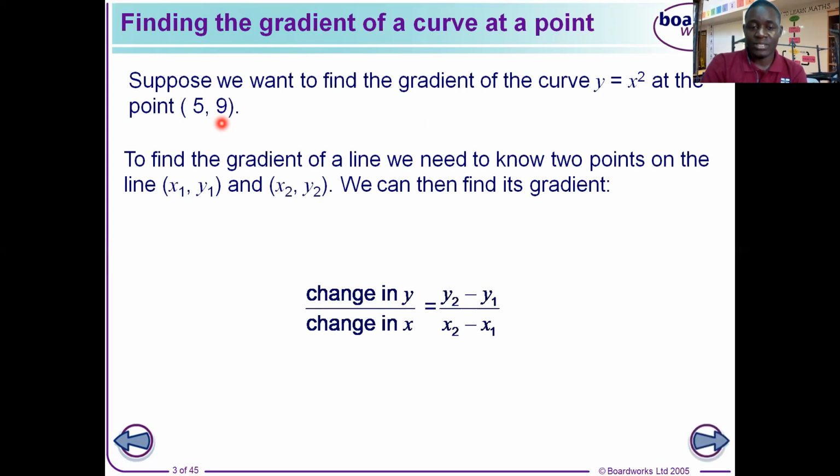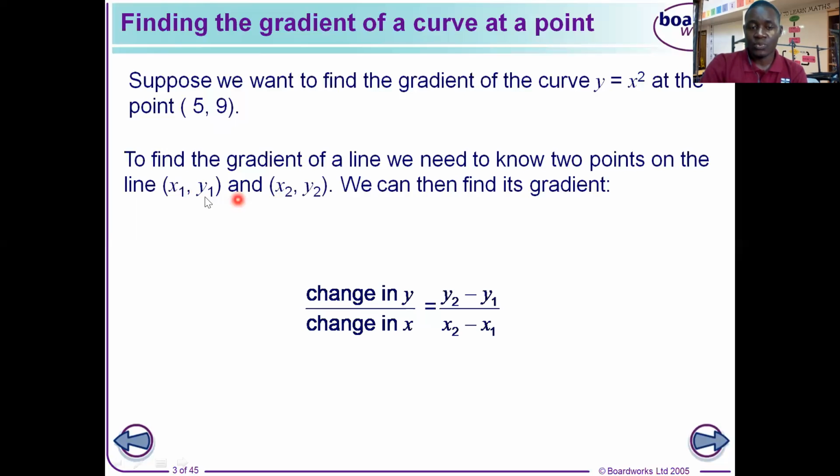In the beginning, we already said that if we were not using differentiation, we would actually have to use this formula. And using this formula means that we are given 2 points which the particular line passes through, for the gradient of a line.